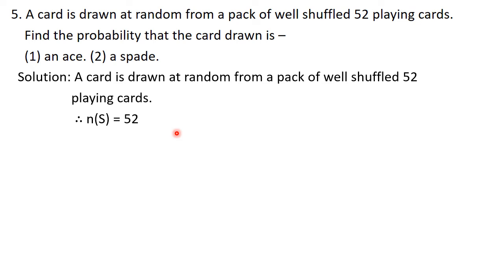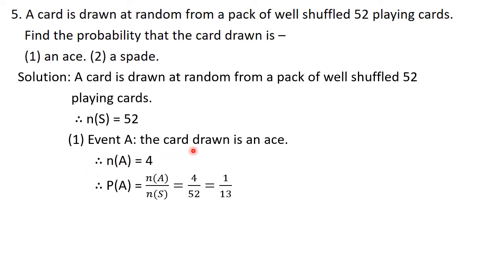Now let's go towards the first event, that the card drawn is an ace. So you take that as event A, that the card drawn is an ace. You know that ace we call ekka. When we play cards, at that time we say ekka. Ace is called ekka. It is neither a number card nor a face card. And then we have four types of cards: diamond, spade, club and heart.